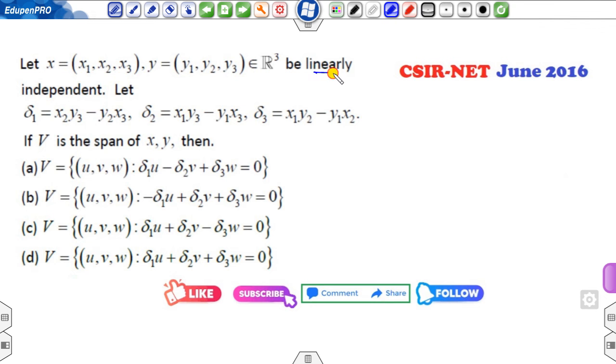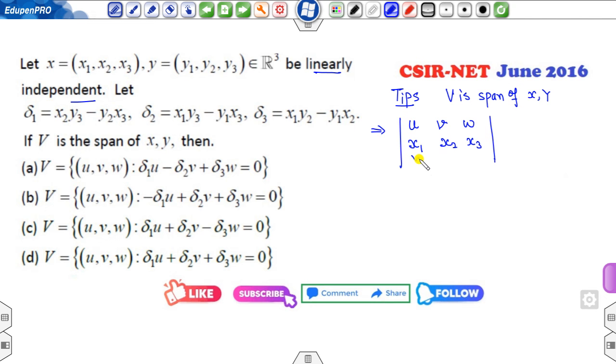X and Y are my linearly independent vectors. Deltas i's are defined to be this. V is the span of x comma y. Then V will be 0, 0 and 0. What does it mean? That means an element of V is u, v, w, and an element of X is X1, X2, X3, and Y1, Y2, Y3. Now that's over.